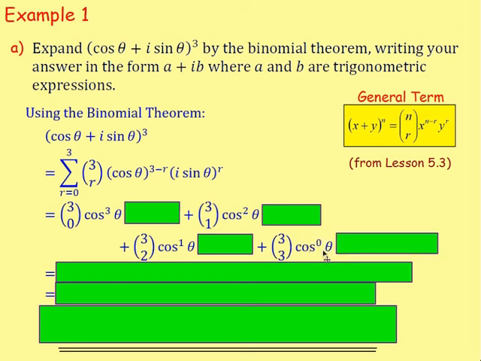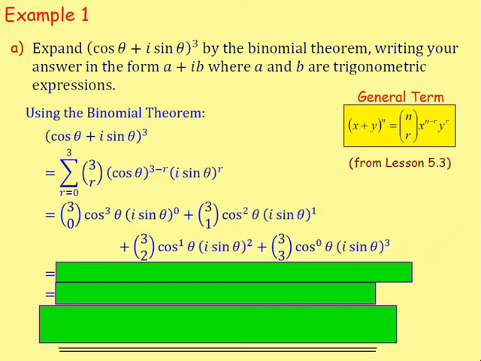With the other part, the i sin theta, we're going to have that to the power of 0, then 1, then 2, and then 3. So, binomial coefficients 3C0, 3C1, 3C2, 3C3. The bit that's first, cos theta, you've got from the power 3, then 2, then 1, then 0. And for the other part, you increase the powers from 0 to 1 to 2 to 3. Working that out for 3C0, 3C1, 3C2, and 3C3.